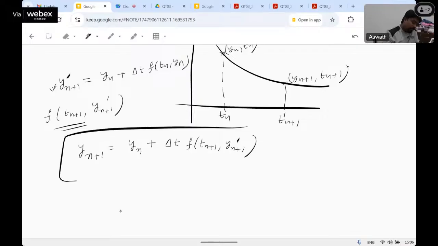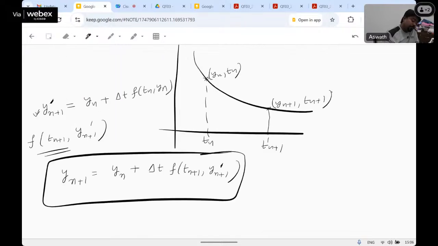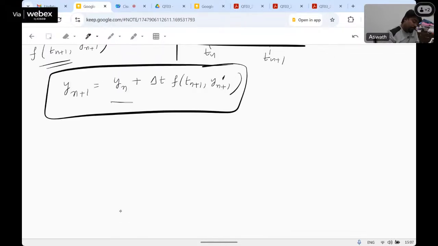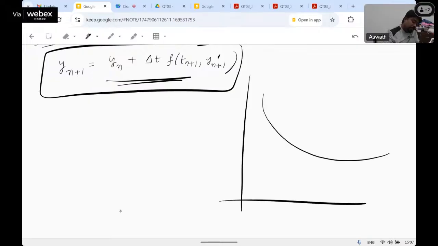If you do this correction, he said you would be able to get some approximated solution, better approximated than Euler. What it means geometrically is, carefully, if you just see, first I drop a slope.